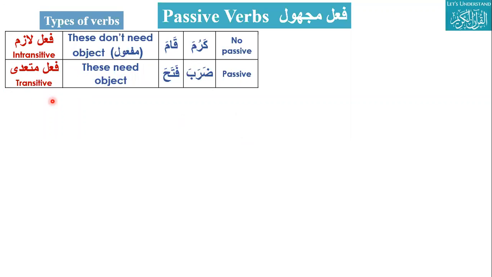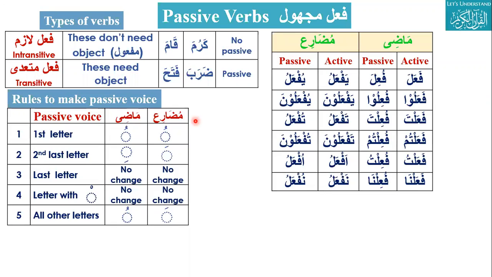So there are certain rules to make the passive voice. The rules are different for mazi and mudare. So this is the mazi column and this is the mudare column. No? So for example, in level 1, we learned words that have 3 letters like fataha, daraba.